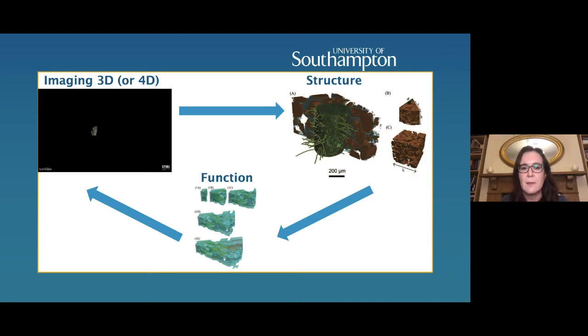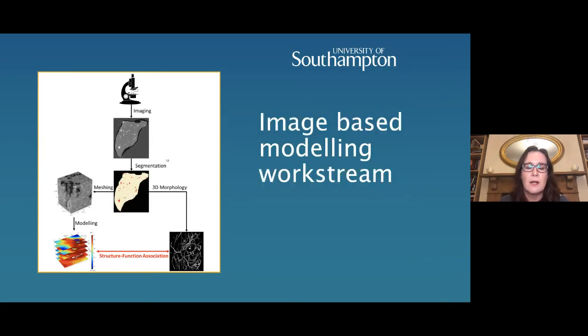So our classic pipeline that we use is that we image, we then segment, and then we go 2 ways in terms of morphology modeling. One is we do direct simulations on the images we acquire. So we generate a 3-dimensional mesh. We use our supercomputer and do the modeling.